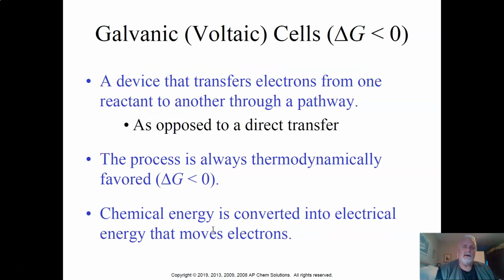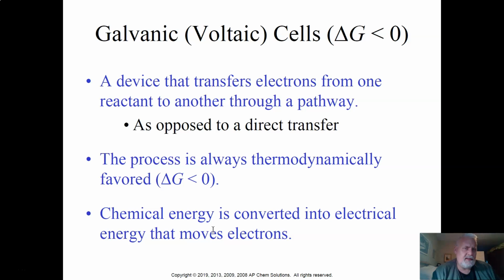Okay. Now, what is a galvanic cell or voltaic cell? The preferred way of talking about that, or at least certainly what I prefer, is to call that a voltaic cell.